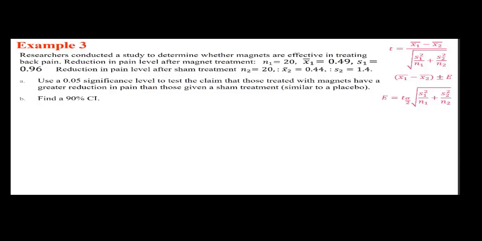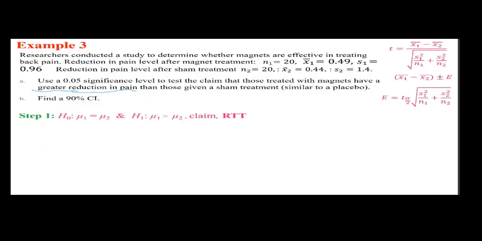We want to find H0 and H1. Needless to say, H0 is mu1 equal to mu2, but let's look at H1 and how we write that. So let's read part A one more time. What are we doing? We are testing the claim that those treated with magnets have a greater reduction in pain. Right tail test, and that is the claim: mu1 is larger than mu2.